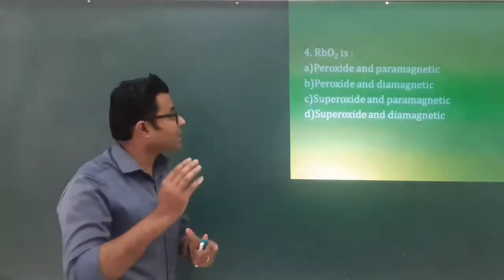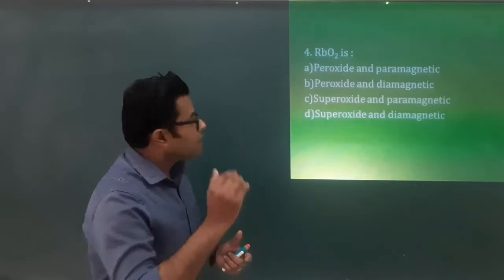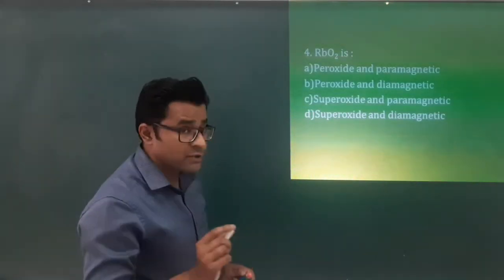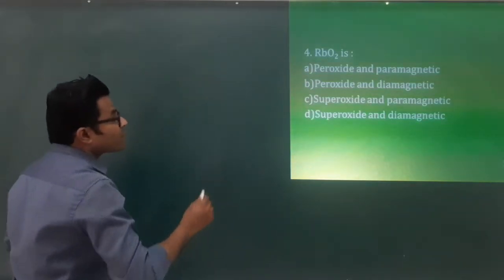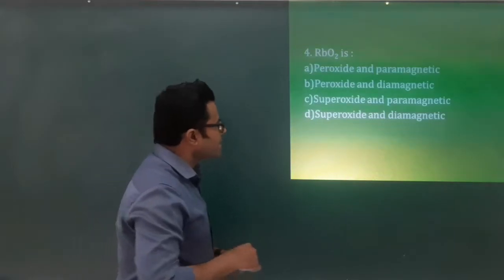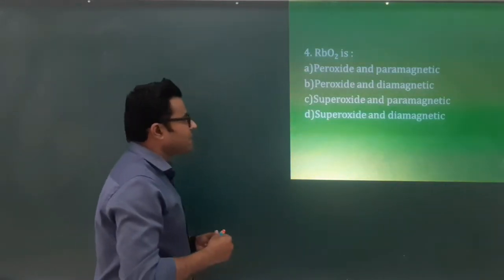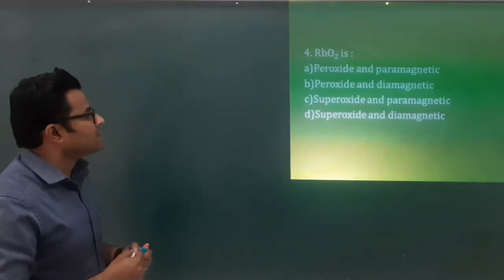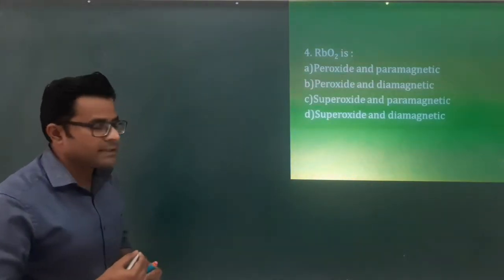Coming towards the next section, question number 4 is RbO2, that is rubidium superoxide actually. Rubidium superoxide is: A, peroxide and paramagnetic; B, peroxide and diamagnetic; C, peroxide and paramagnetic; D, superoxide and diamagnetic.